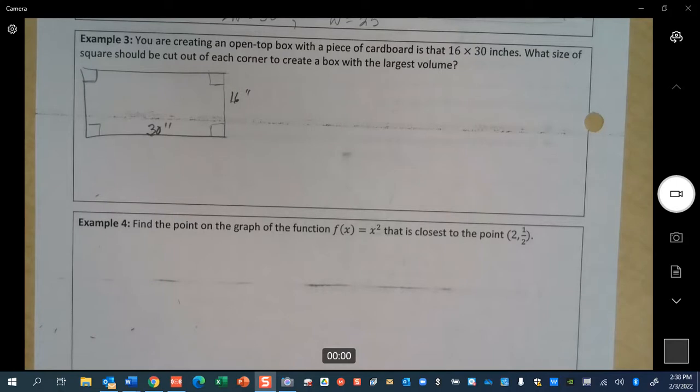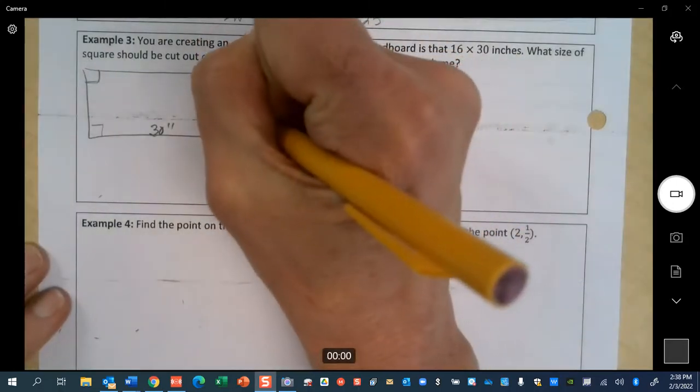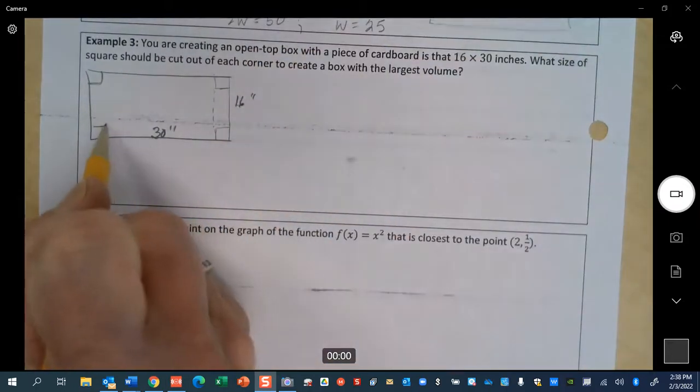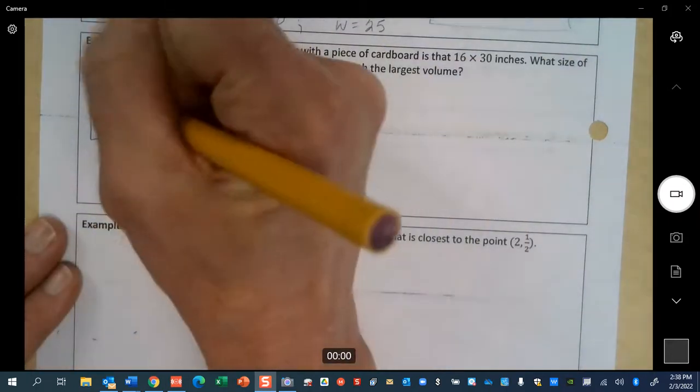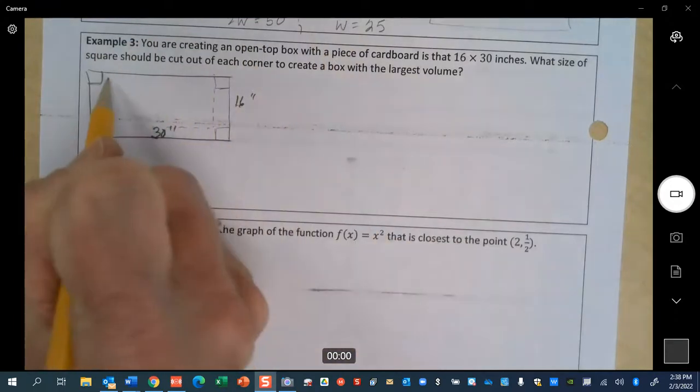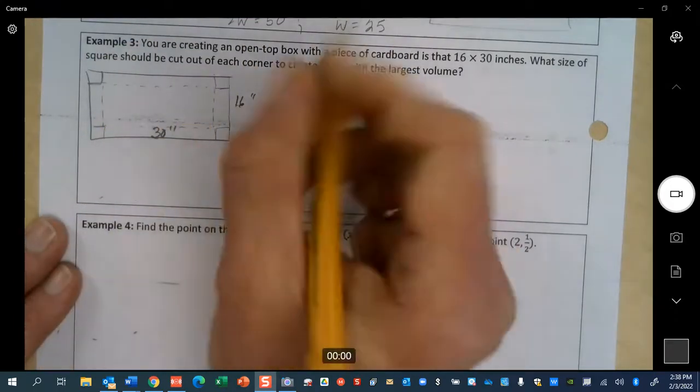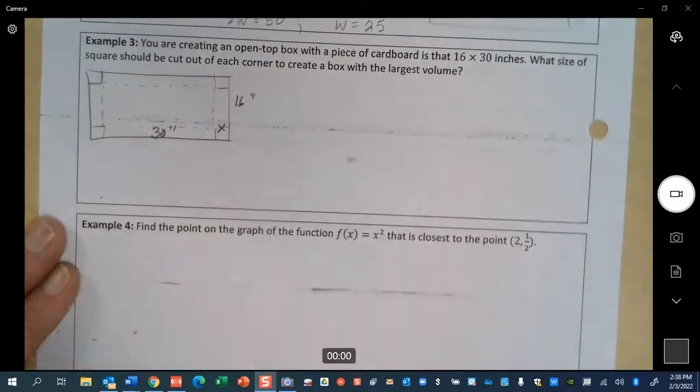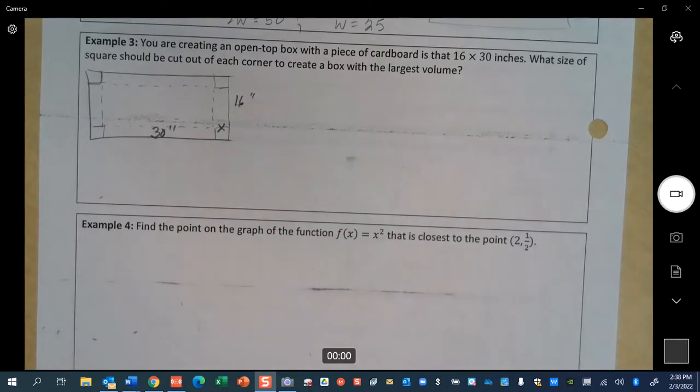I'm going to fold each of these sides up. I'm going to cut out a little square here, here, and here, and here. What size square should be cut out of each corner to create a box with the largest volume?